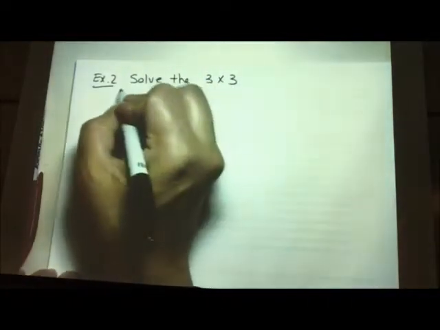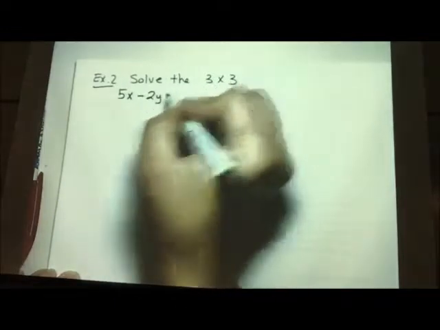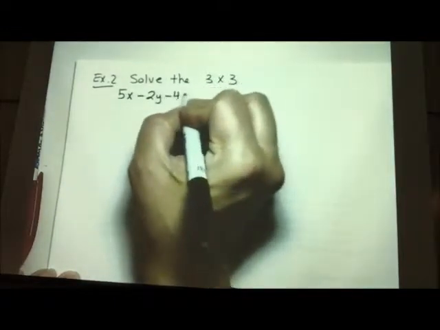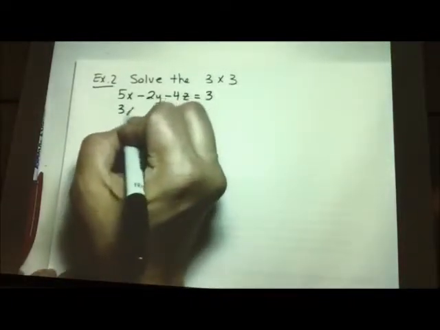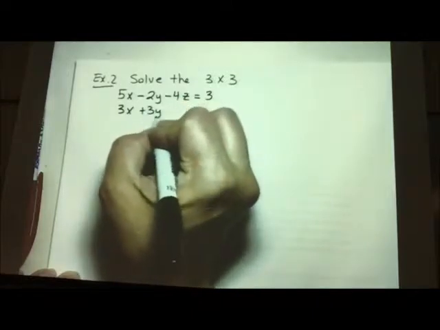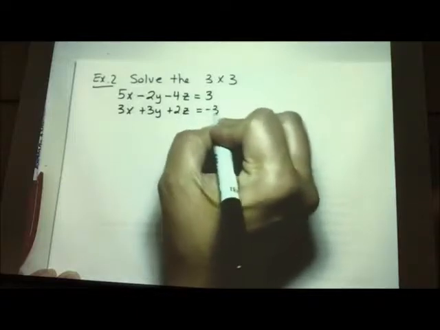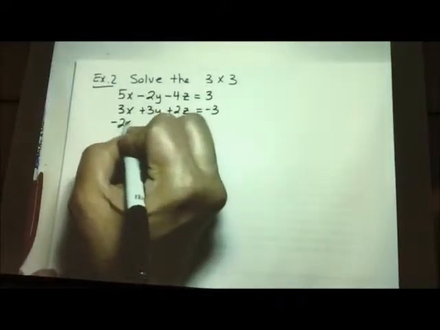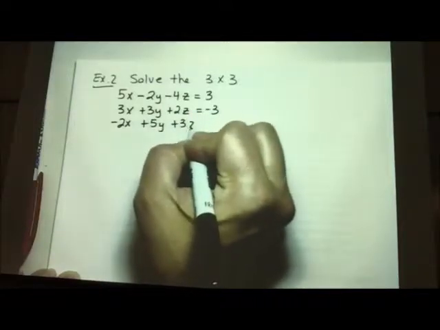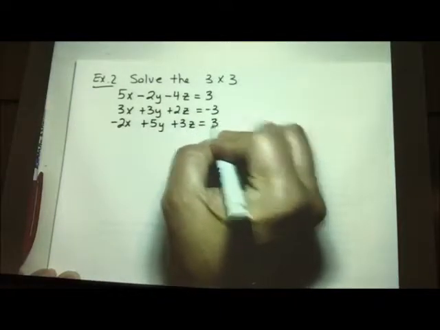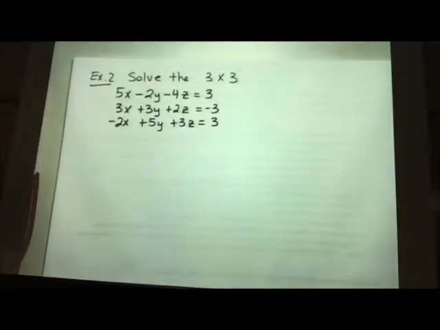So the 3 equations that they're giving you are 5x minus 2y minus 4z equals 3. 3x plus 3y plus 2z equals -3. Negative 2x plus 5y plus 3z equals 3. So these are the 3 equations that we're going to be dealing with.